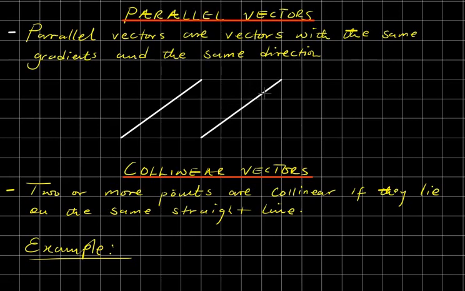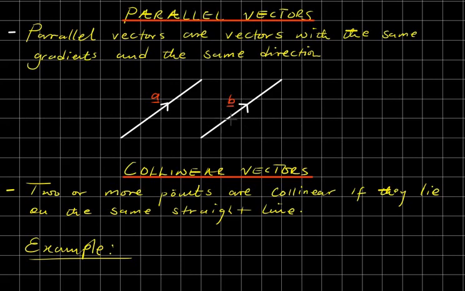So these two vectors are parallel. Let me show the direction. Let's call the first vector, vector A, and let's call the second vector, vector B.